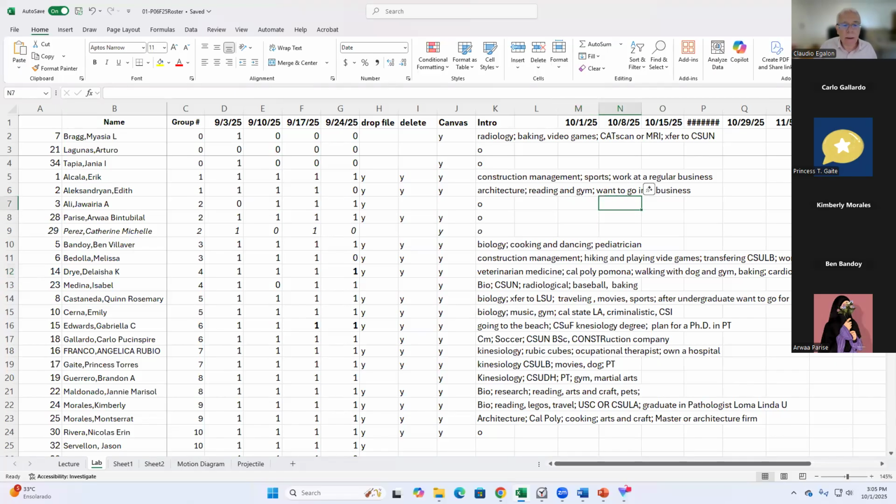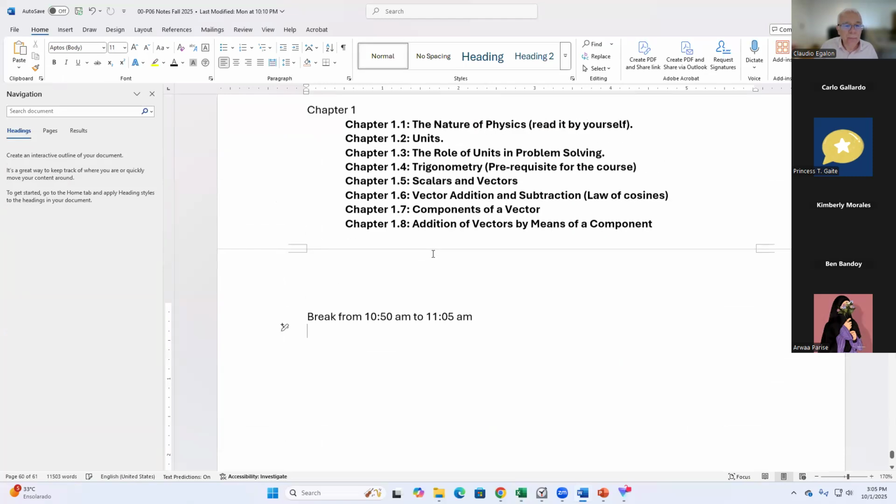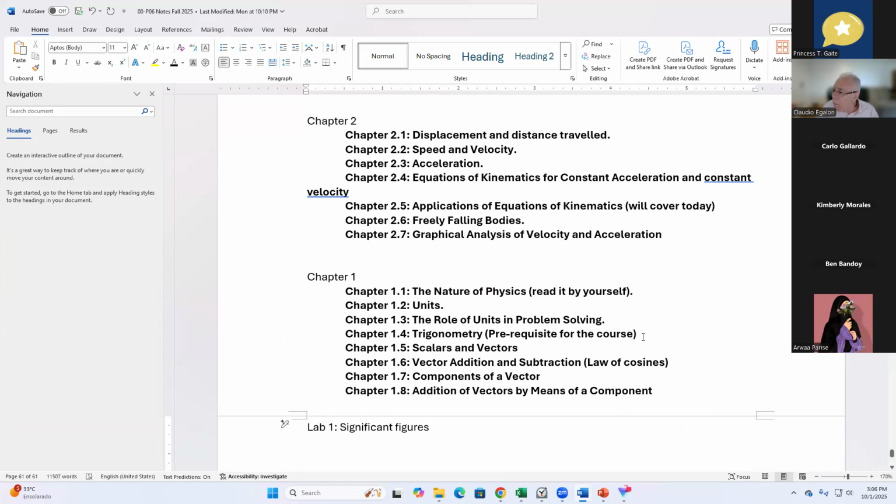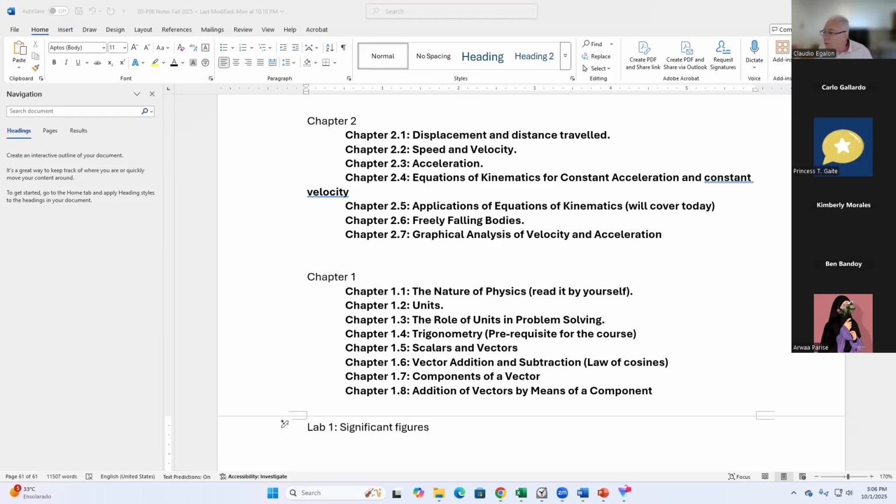Okay, I'm back. Here are the topics for the exam. And let's not forget lab 1 as well, which includes significant figures. Princess, yes, if we finish today, the lab is going to be due next week. Let's finish that first.